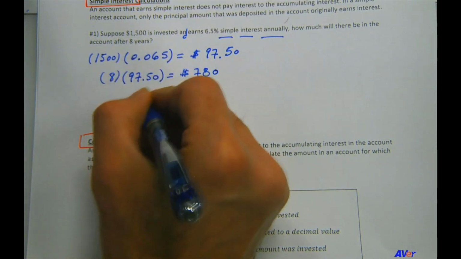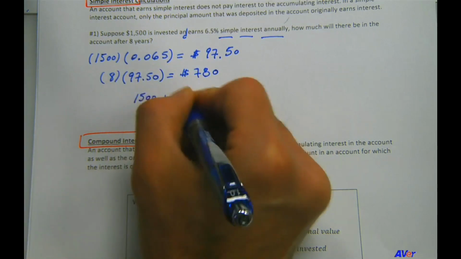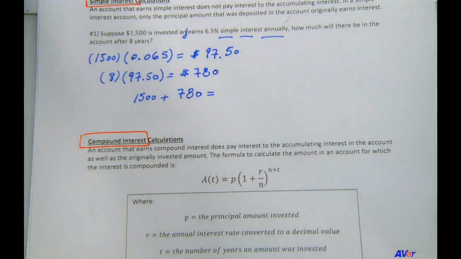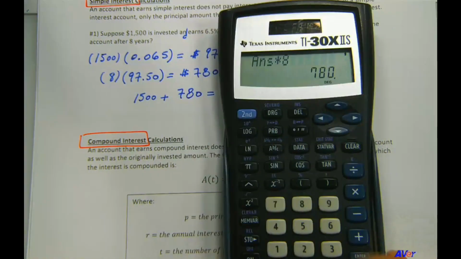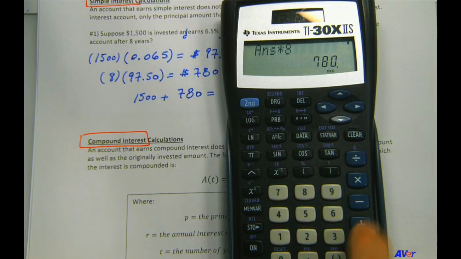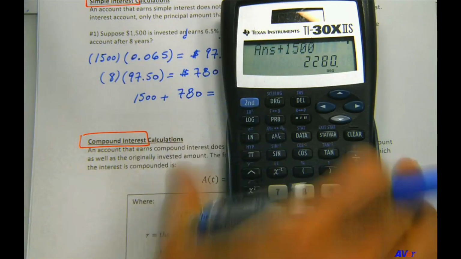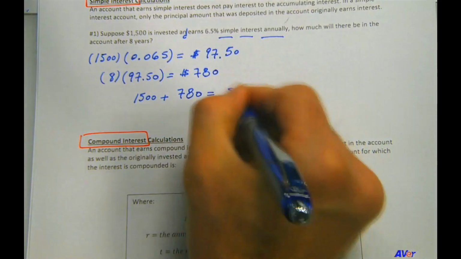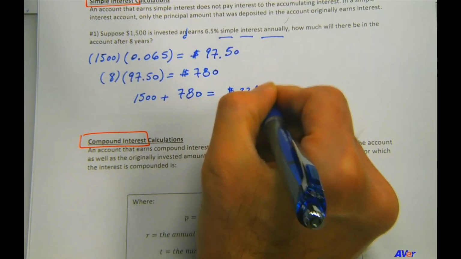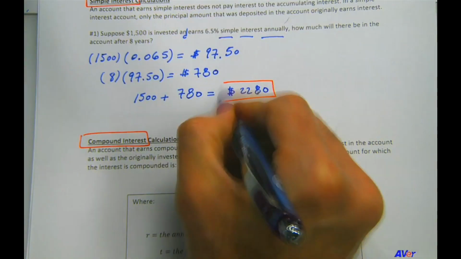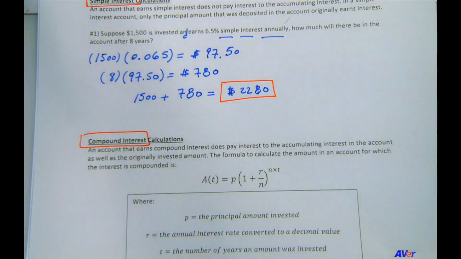So it'll be $1,500 plus $780. All right, so let's add that to $1,500. So $2,280. Like that. Okay.